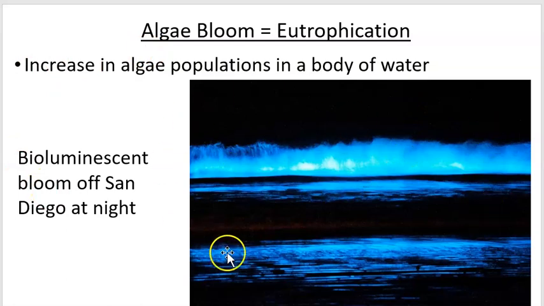And this is a picture that was actually taken in San Diego at night. This is a bioluminescent algae, and so it lights up when there's motion around. Oftentimes with boats, when you're sailing a boat or motorboat and motoring around, when it disturbs the water, the algae in the water will actually glow and leave this trail behind you in the ocean. So quite beautiful to see an algae bloom at night there.